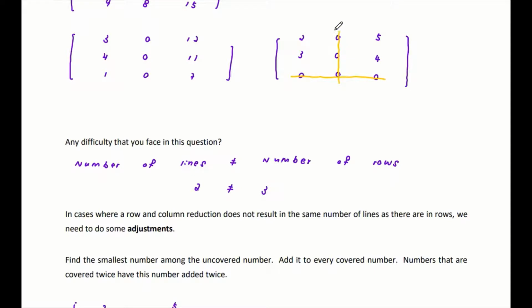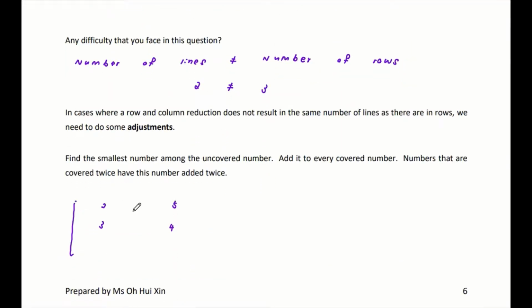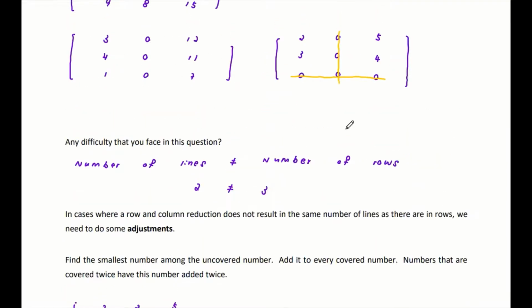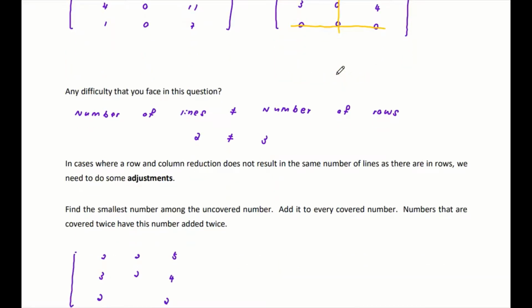This vertical line and this horizontal line both pass through this place. So the numbers that are covered twice will have this number added twice as well. So 0 plus 2, 0 plus 2, 0 plus 2, 0 plus 2. And this is the place where the lines intersect and you have two lines covering this place, so it is added twice, plus 2 plus 2, so you get 4.